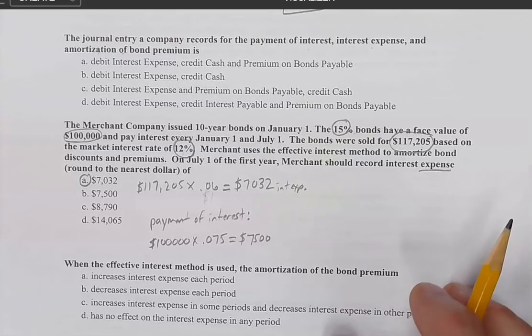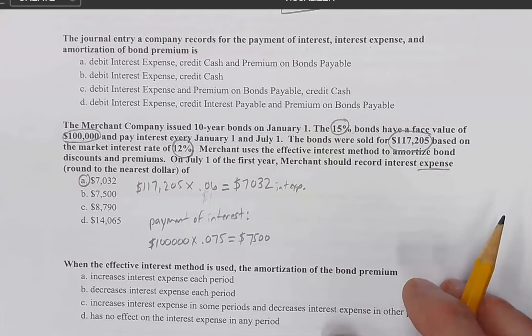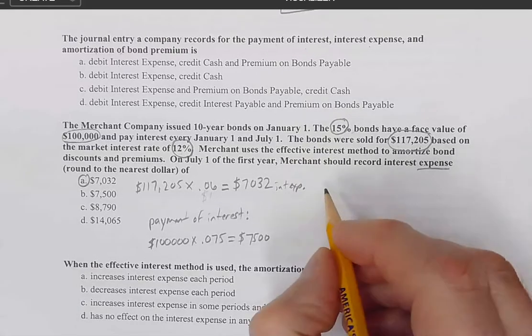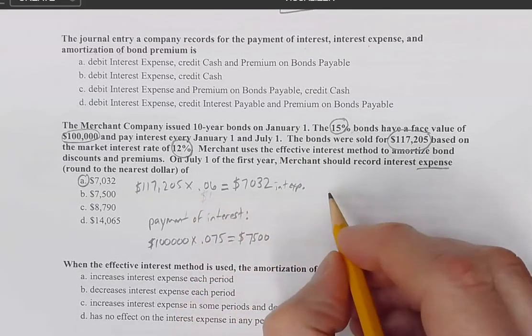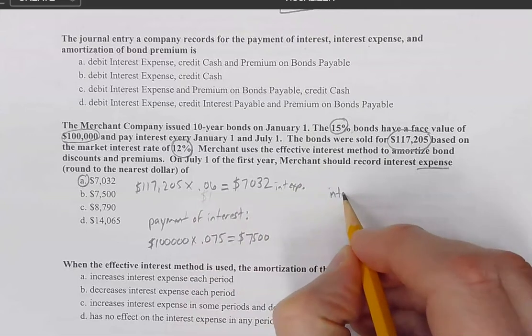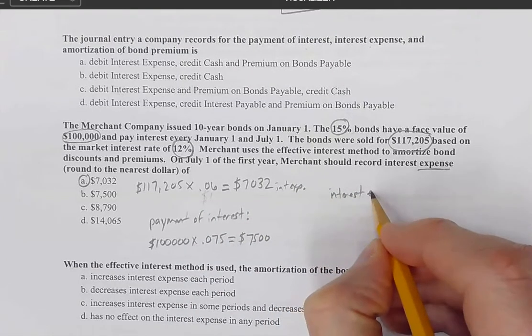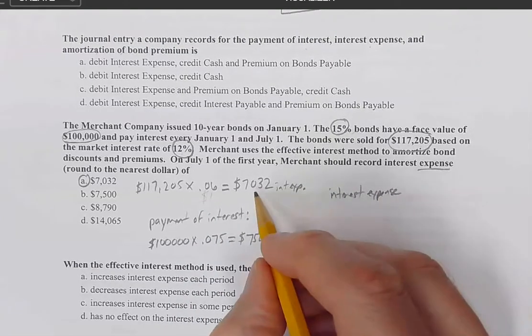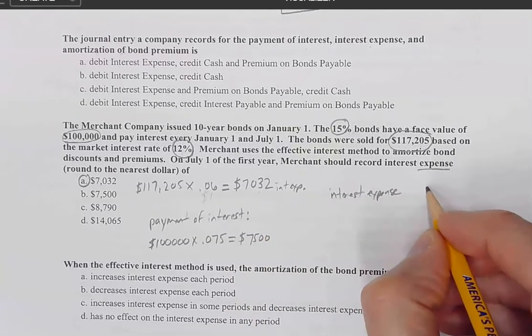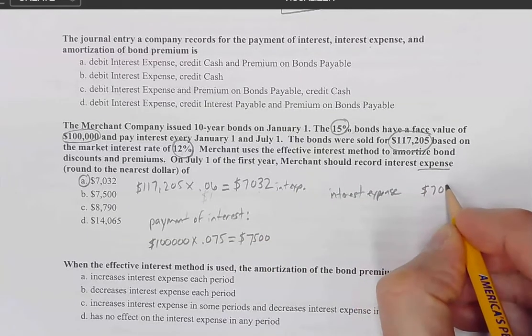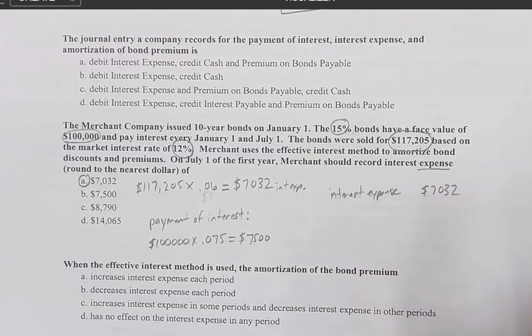So if we were going to do this as a journal entry, we would want to recognize our debit for interest expense for the amount of $7,032.